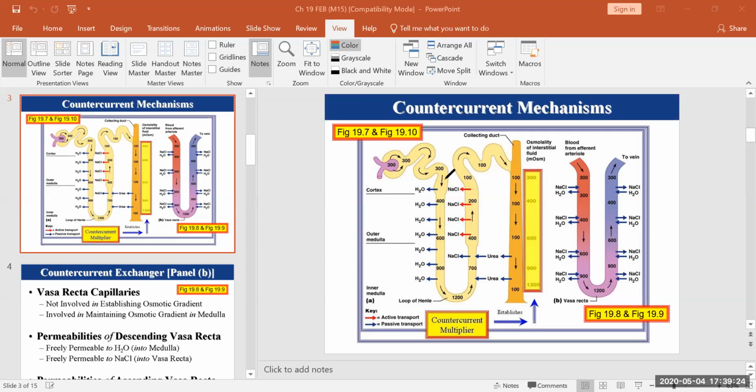So this is at the beginning of the loop of Henle. So this is the descending limb of the loop of Henle, because the renal filtrate is going down from the renal cortex and moves into the renal medulla. So again here, this is your renal cortex, and this is your renal medulla.